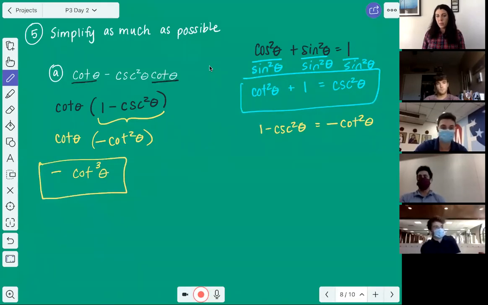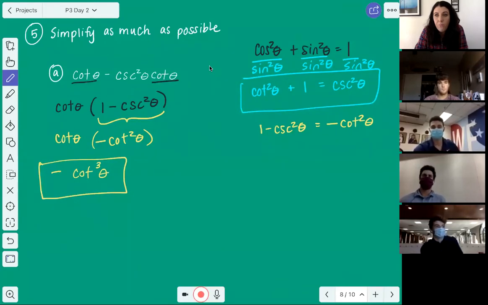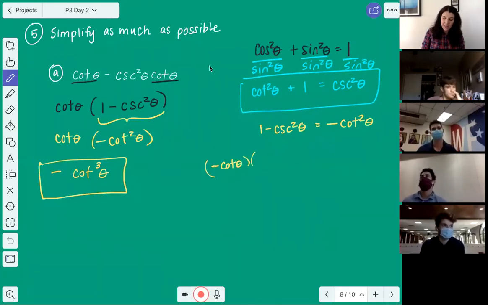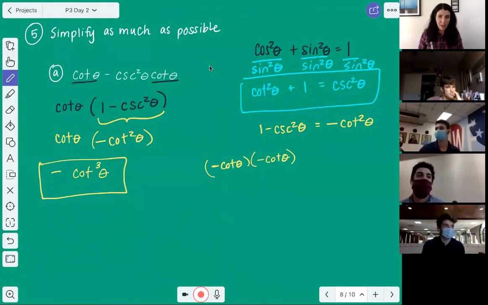Miss Toshner, since with it being squared, we have two negative cotangent thetas, wouldn't it be positive? So here's what's really important. Negative cotangent squared is not the same as negative cotangent times negative cotangent, which is what I think you're thinking it is.